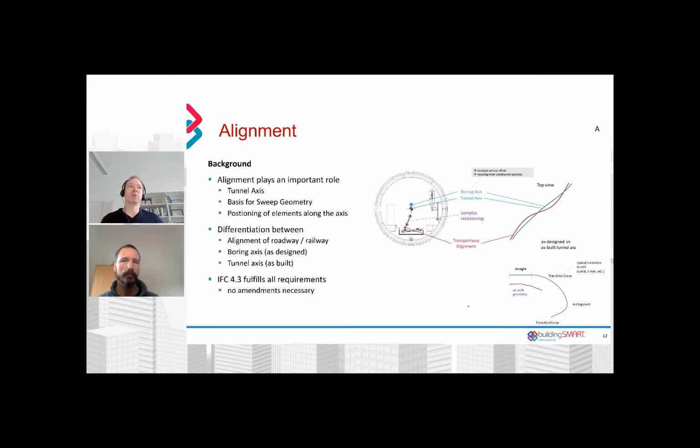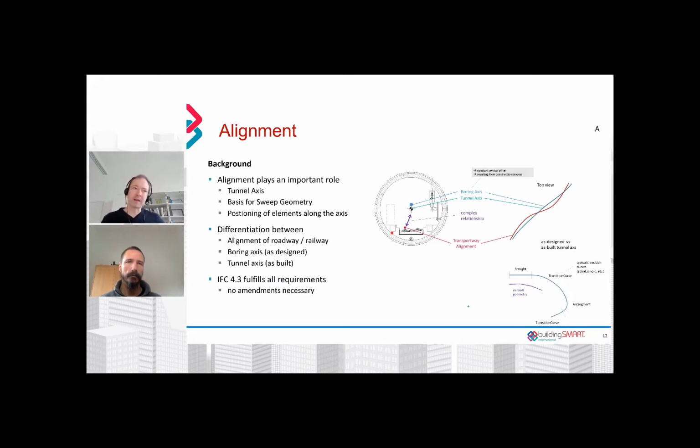It's very important to differentiate between the alignment of the roadway and the railway on the one hand. We have this here in red on this slide. But then we also have the boring axis, the as-designed axis, where the boring machine is going to be guided along. And then we have the actual as-built tunnel axis, which typically has a slight deviation from the as-designed boring axis.